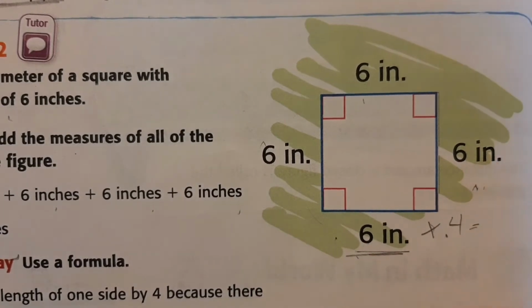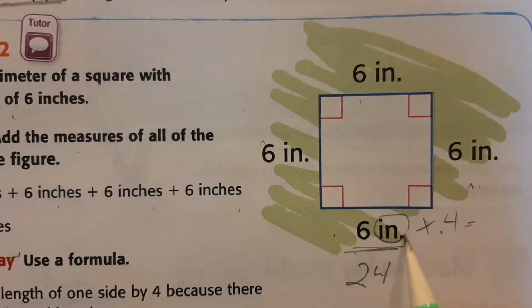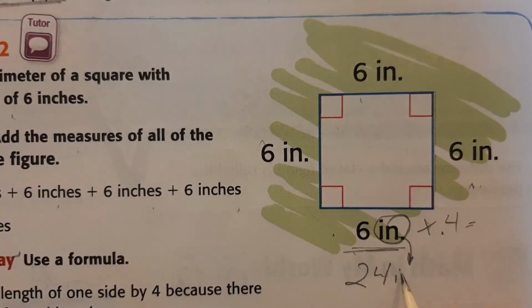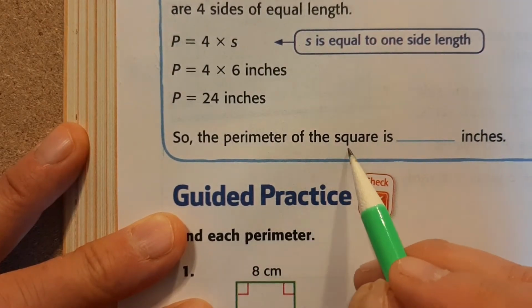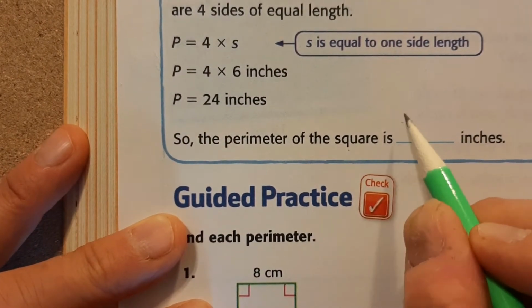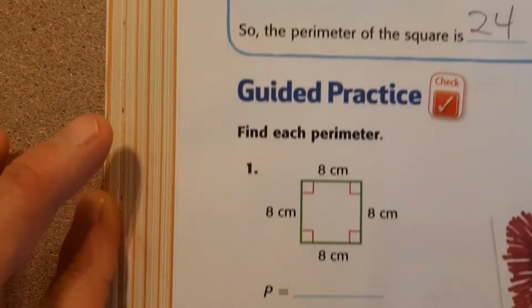Well, you all know what 6 times 4 is. It's 24, right? But here's the other important part. You have to put that inches there. So the perimeter of the square is 24 inches.